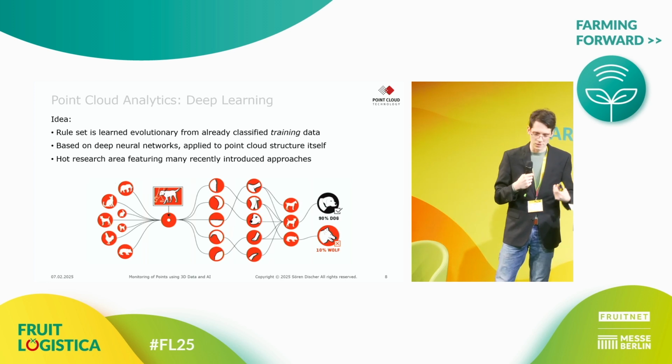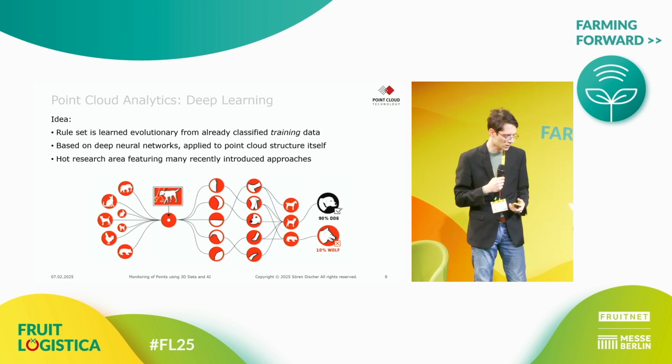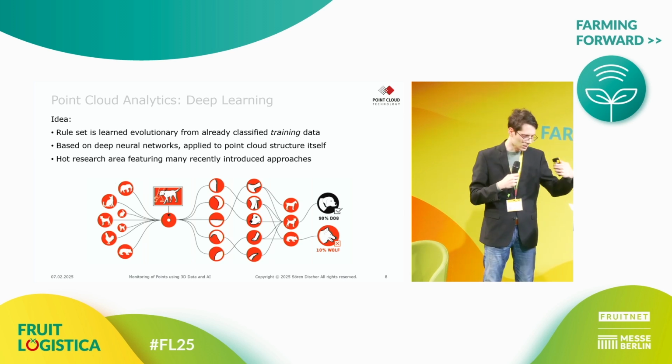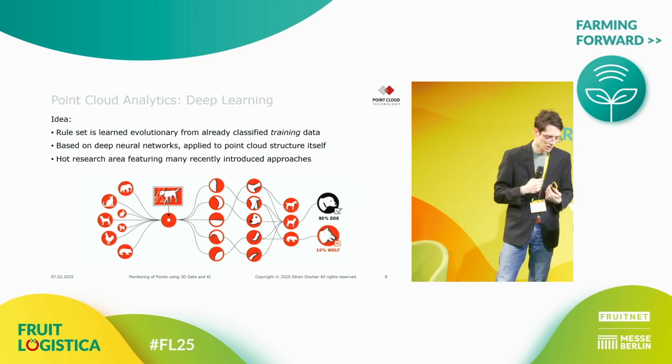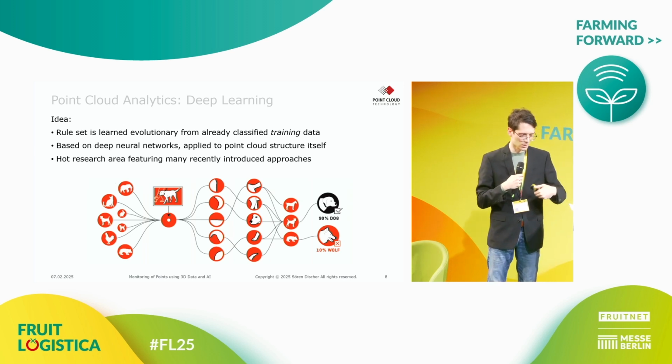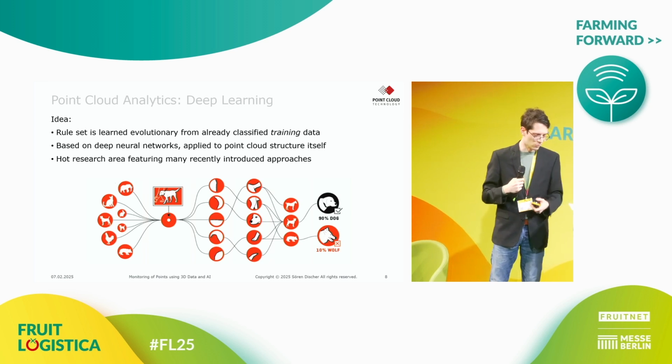Behind this are artificial neural networks, the concept of which is depicted in a highly simplified manner in this illustration. So the idea is that we still have rules, but instead of manually defining such a rule set, we let a neural network learn the characteristics of individual categories in an evolutionary way.